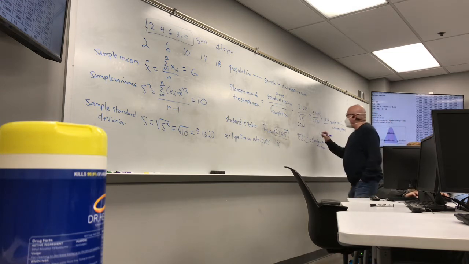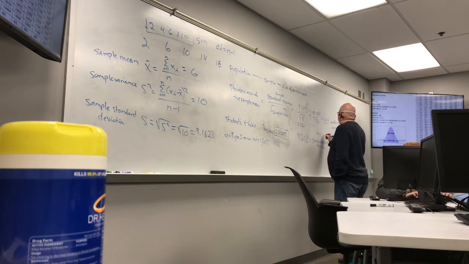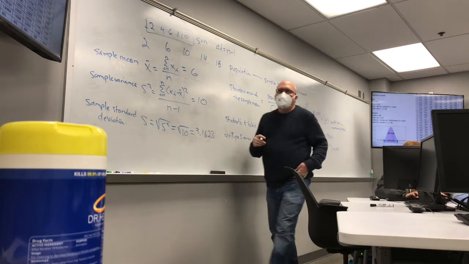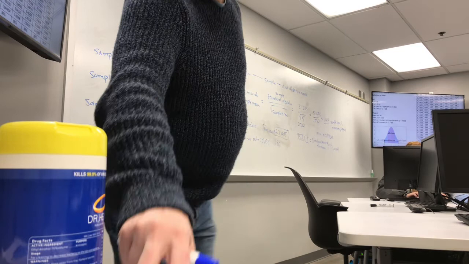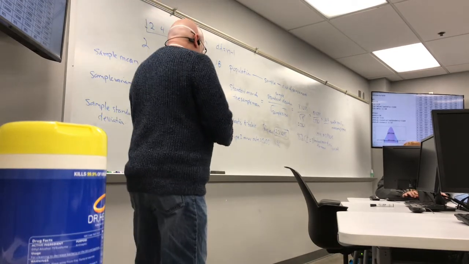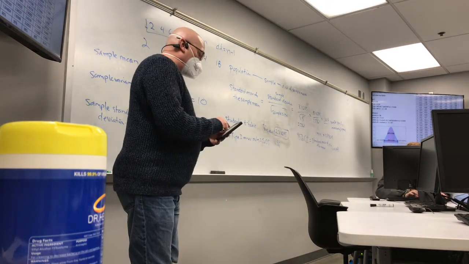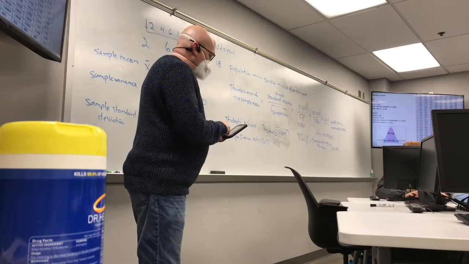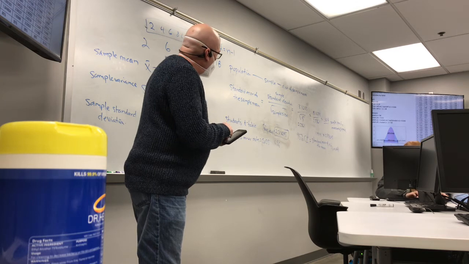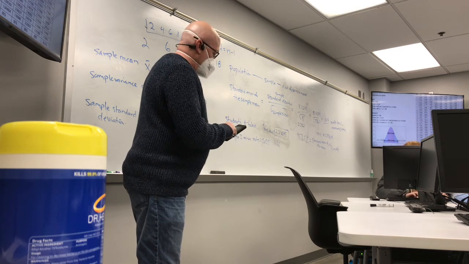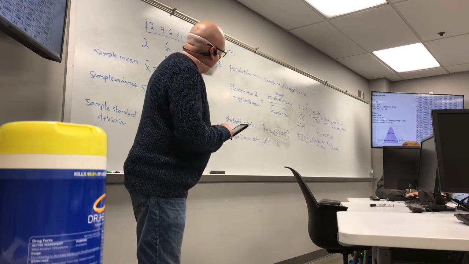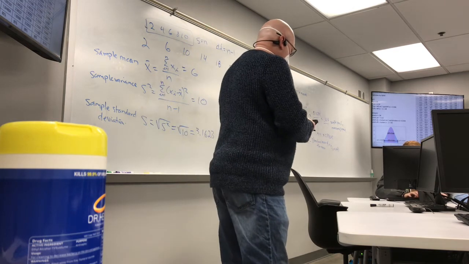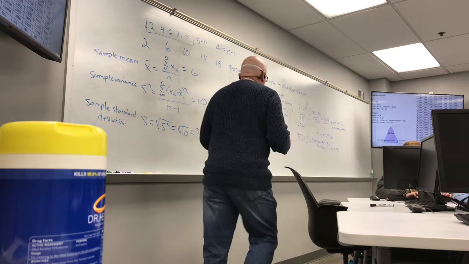So in this case, it would be 1.414 multiplied times 2.77645. That is 3.92.